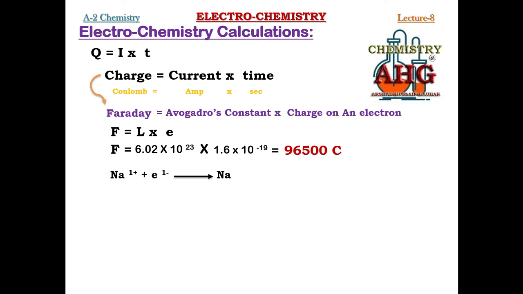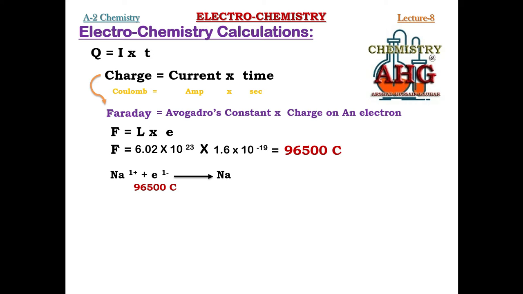Now if you want to relate this chemical equation with respect to 1 Faraday or 96,500 coulombs, what can you say? You can say since there is 1 mole of electrons, the amount of charge passed during this experiment is 96,500 coulombs, and you can relate this numerical value with the mole or mass of the sodium metal.